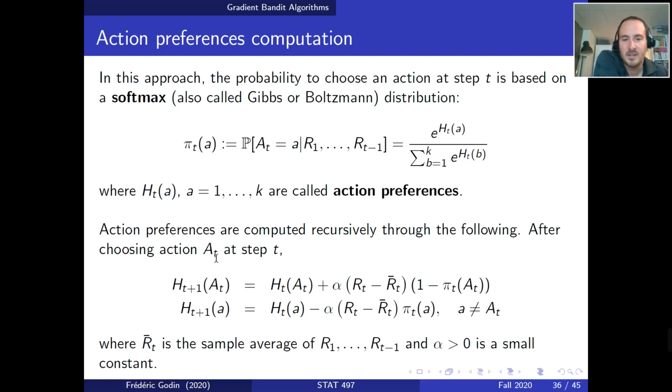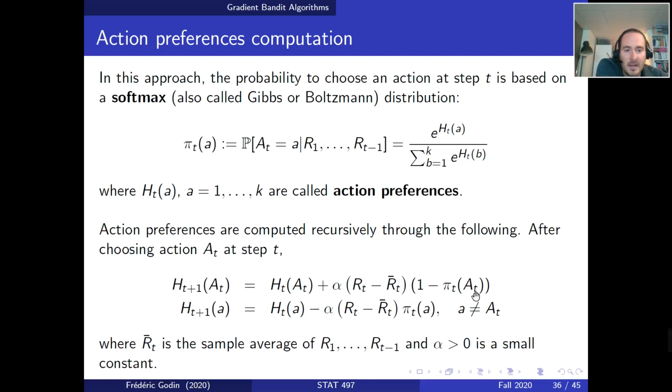At time t plus 1, the action preference for capital A_t, the action that was selected at play t, will be the current preference plus some constant alpha times (R_t minus R_t bar) times (1 minus pi_t(A_t)). R_t is the reward obtained at play t, and R_t bar is the average reward obtained over all plays from play 1 until play t.